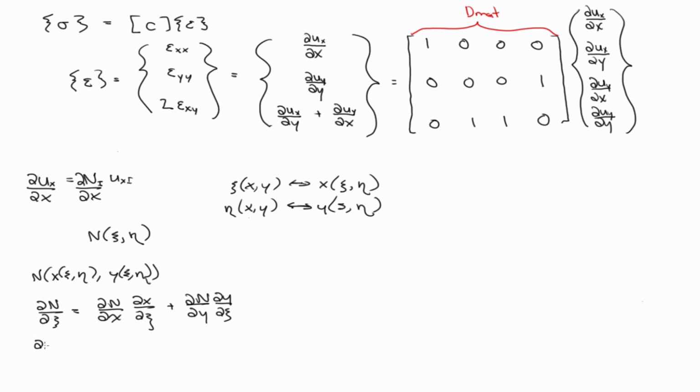and likewise for eta, if I take the derivative with respect to eta, because these are things we can readily evaluate, right? We have a shape function in terms of xi and eta. We can readily compute this. It's these things we're seeking a solution for, but we don't readily have them available.